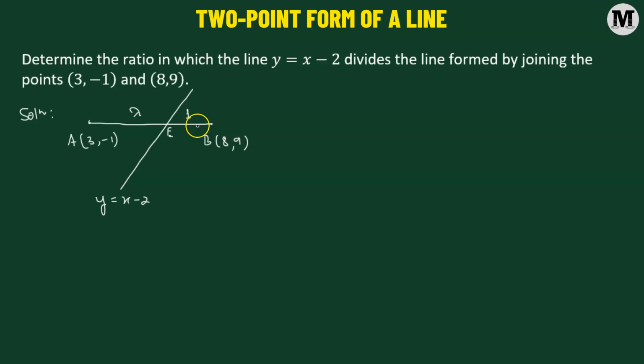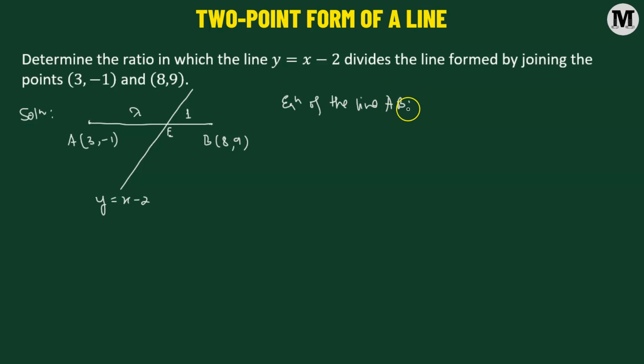First, we can find the coordinates of point E. To find them, we'll need the equation of line AB, because E is nothing but the intersection of the line y equals x minus 2 and the line formed by joining the points A and B. So let's first find the equation of the line AB.